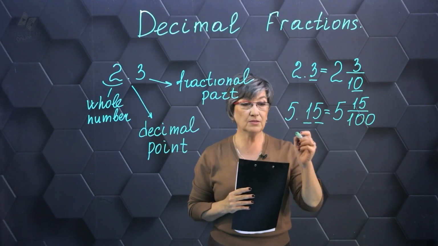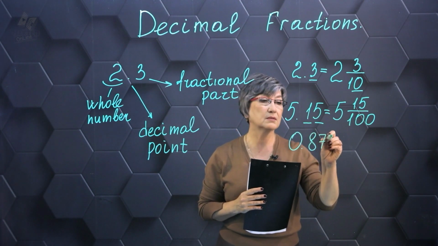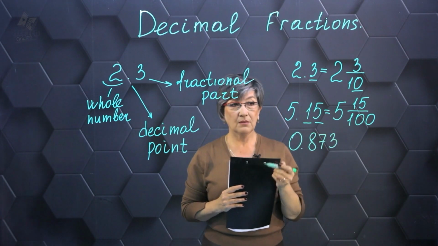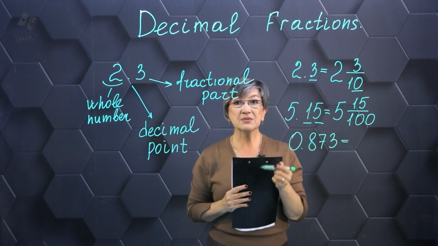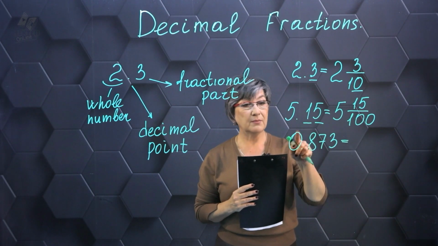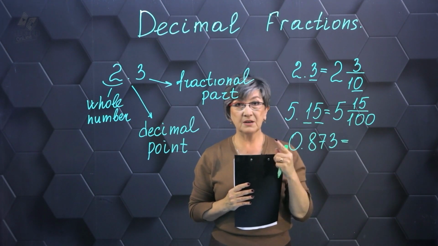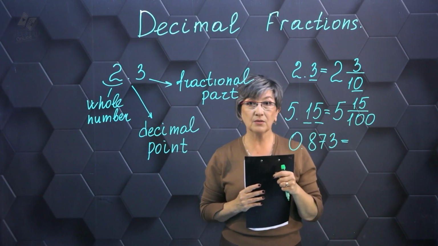The next number is 0.873 thousandths. Again, let's try to write it down. First, we're going to write down the whole part of this number, and that's 0 integers. But in math, it's customary not to write down an integer that equals 0.